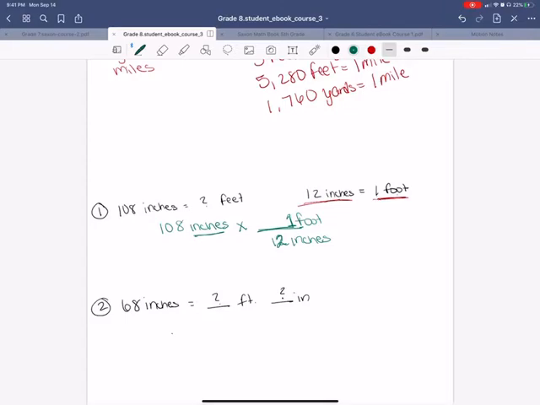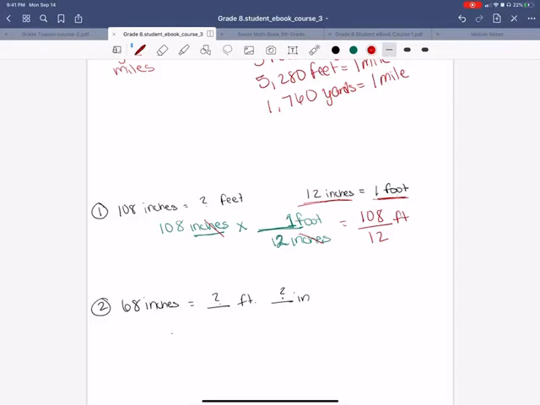So these inches are going to cancel out because inches times 1 over inches ultimately means that we're dividing, excuse me. So the inches cancel out, and you're left with 108 over 12, and then we'll end up with just feet.